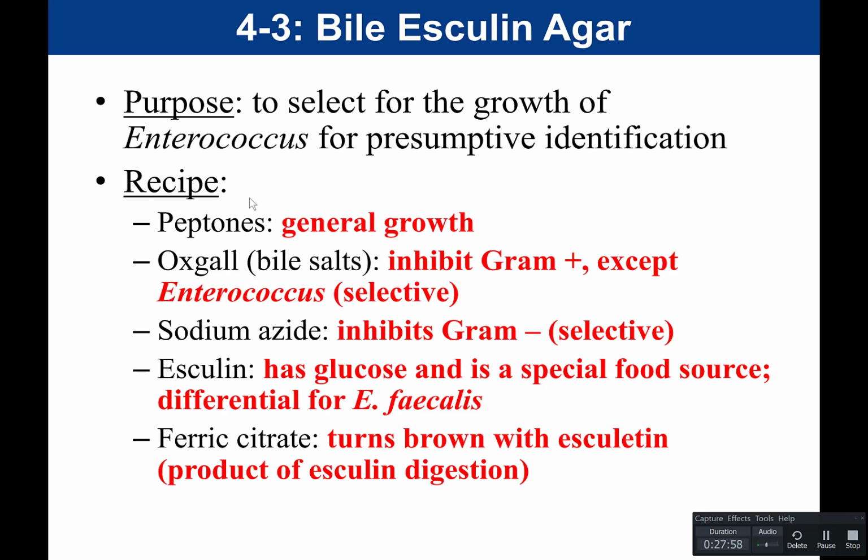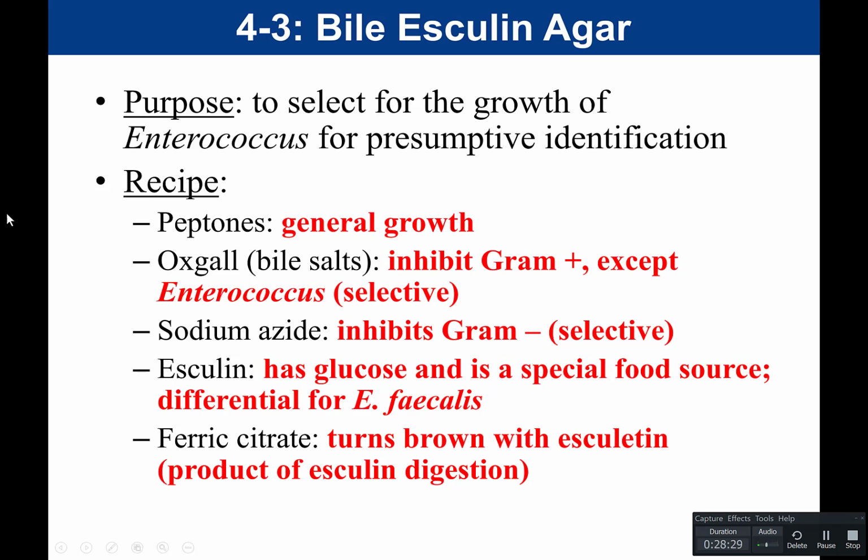So this ingredient is selective. We have our sodium azide. Sodium azide is going to inhibit gram-negative. So again, this is selective. So notice that we have 2 selective ingredients. One inhibits gram-negative. One inhibits gram-positive except Enterococcus. And so what that tells you is that anything that grows on bile esculin agar must be an Enterococcus. It's the only thing that can grow.